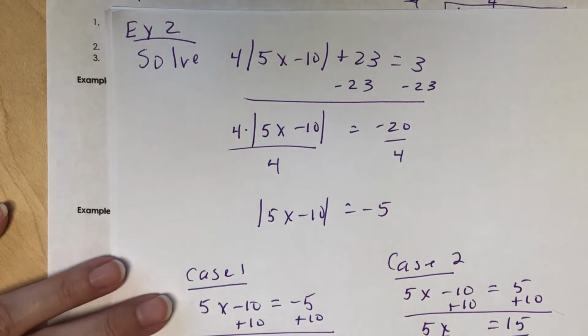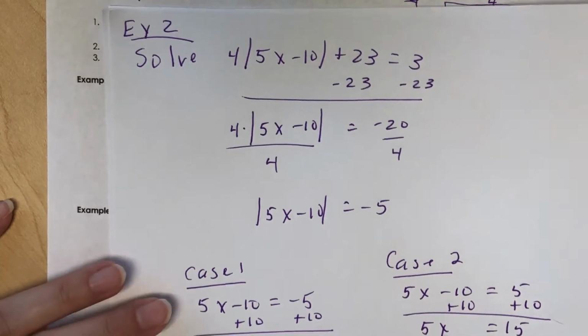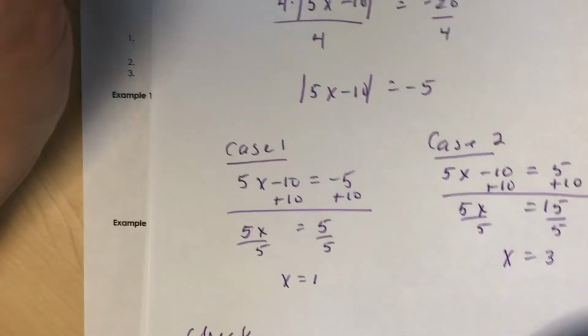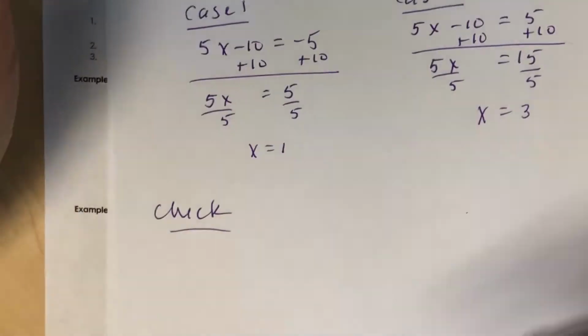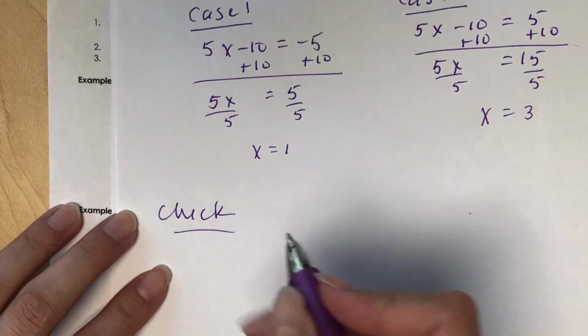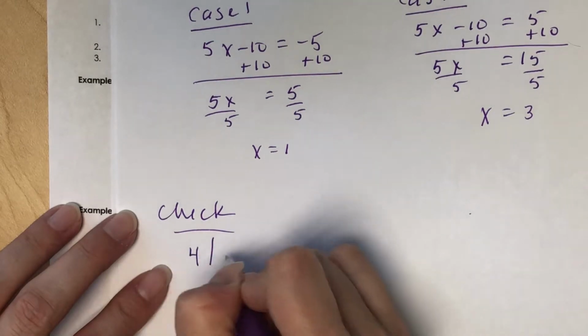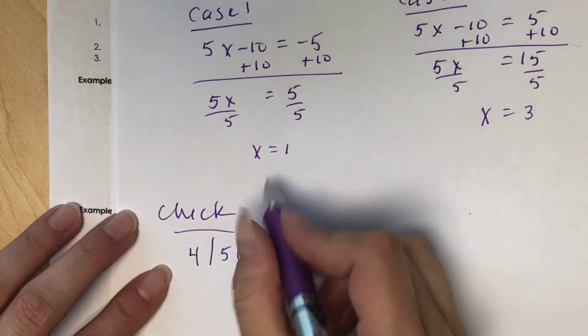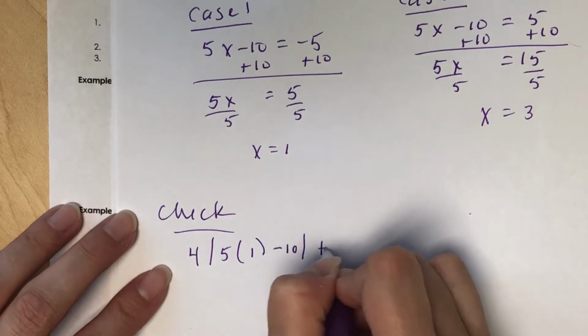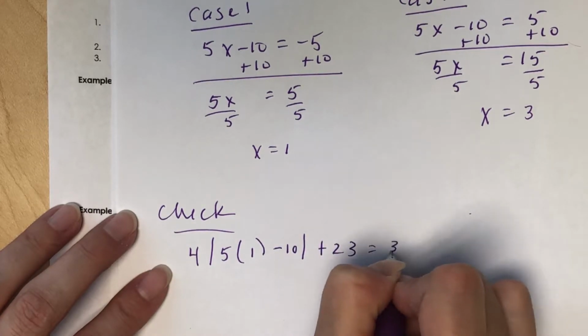And then step 3, I need to check. So going back to the original problem, I had 4 times the absolute value of 5 times x, so put the 1 in for the x, minus 10, plus 23 equals 3.